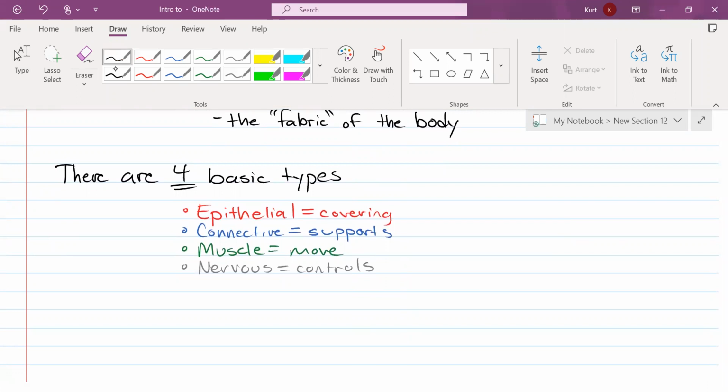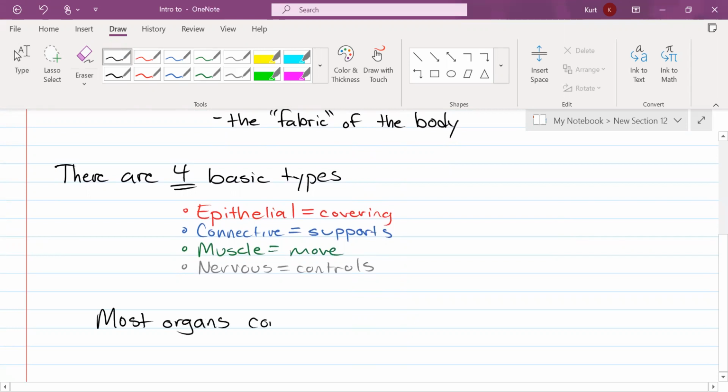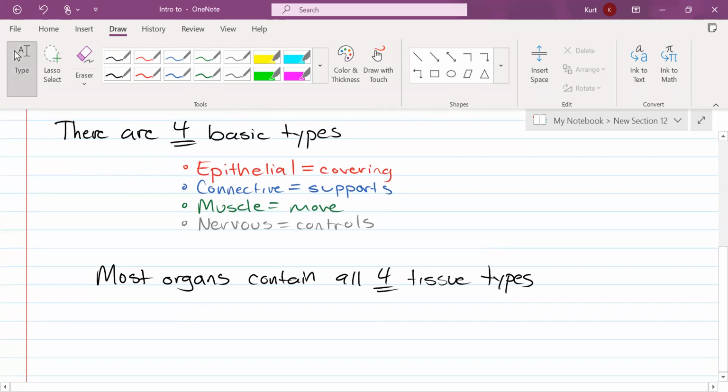Most organs in your body contain all 4 tissue types. However, how those tissues are arranged determines their anatomy and their physiology.